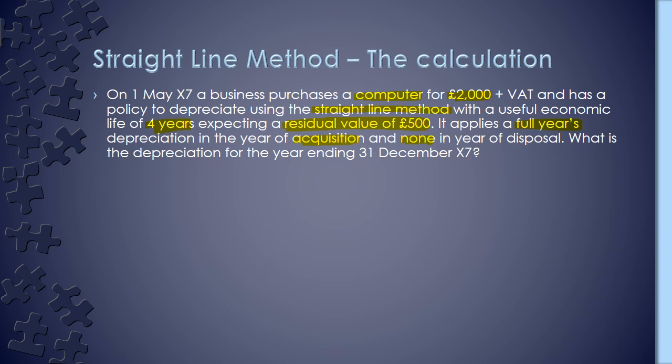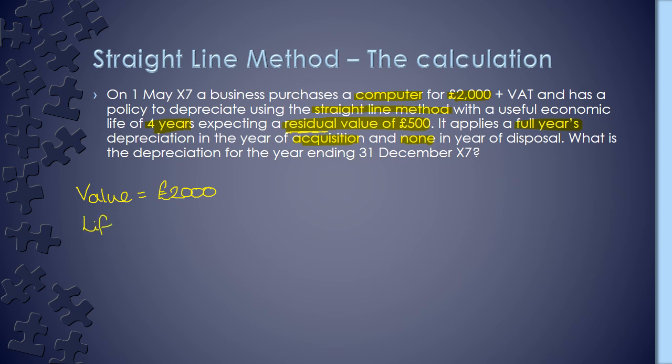So looking at this question then, we can see it is identical to the last question with the exception that this time there's a residual value. So how are we going to apply that into our straight line? So let's go through it again. So the cost of our computer is £2,000 when purchased.